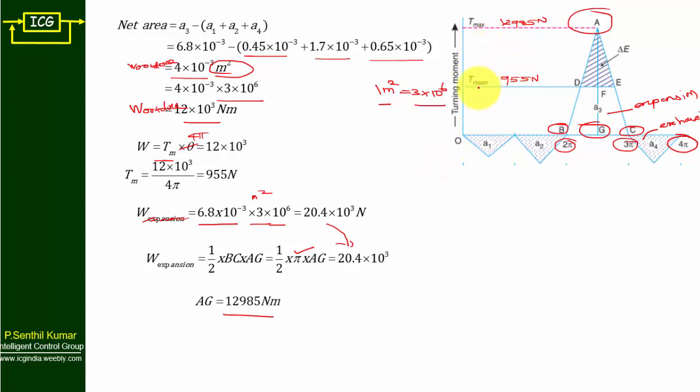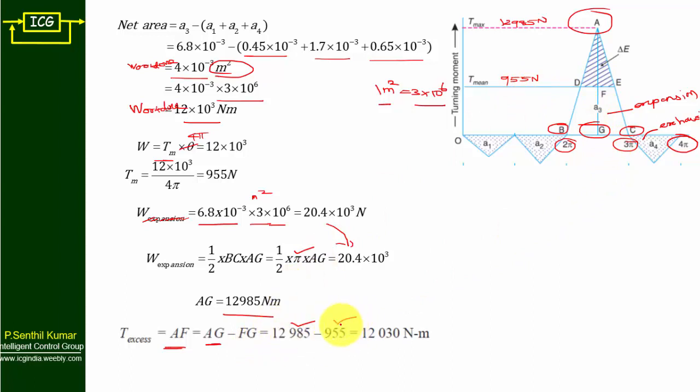Now I can find T excess. So what is T excess? That is AF. AF equal to AG minus FG. AG value, T max, is 12,985. FG value, this value FG, is 955 Newton.